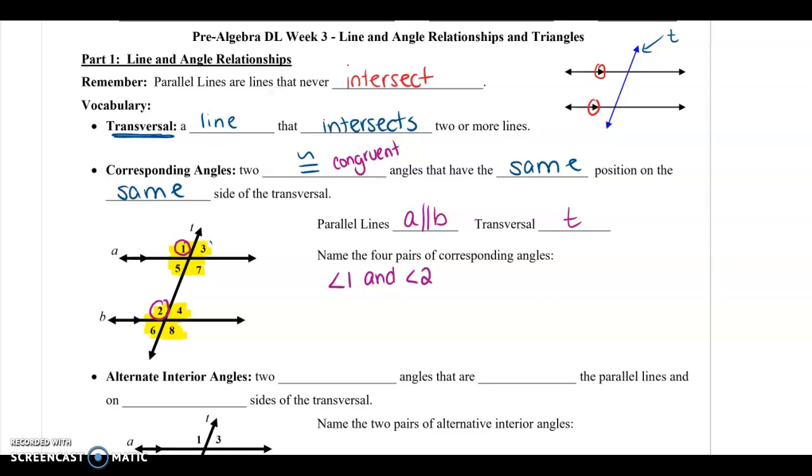Upper right, 3 and 4, are corresponding angles. Bottom left, 5 and 6, are corresponding angles. And our last pair, bottom right and bottom right, 7 and 8, are also corresponding because they're in the same position.